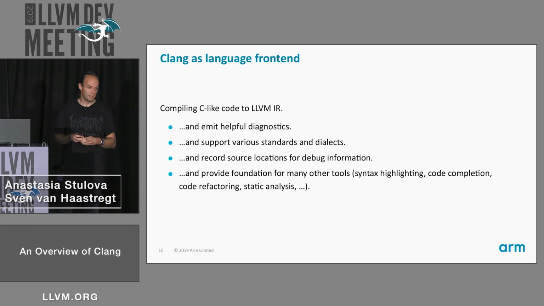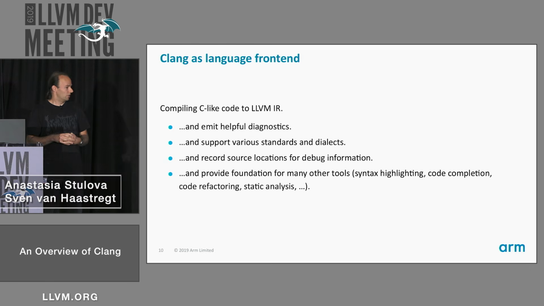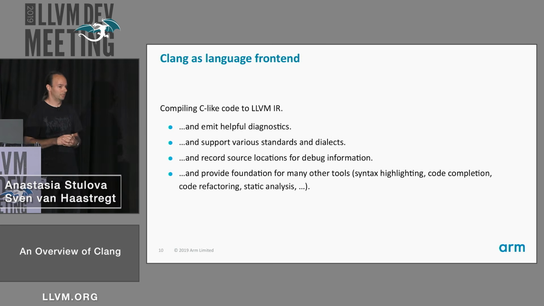It's also trying really hard to emit helpful diagnostics, so that whenever your input program is not correct or has some syntax error, the user can easily see what's wrong and fix it accordingly. Over time, Clang has been supporting lots of different languages, standards and dialects, and making sure that all of these are supported at the same time is a challenge by itself, I suppose.